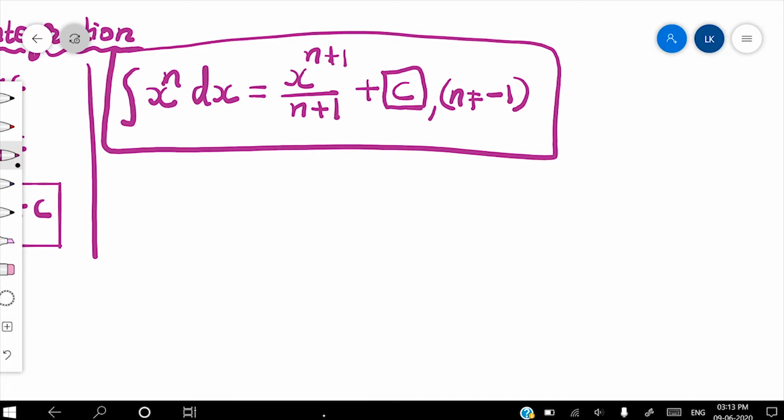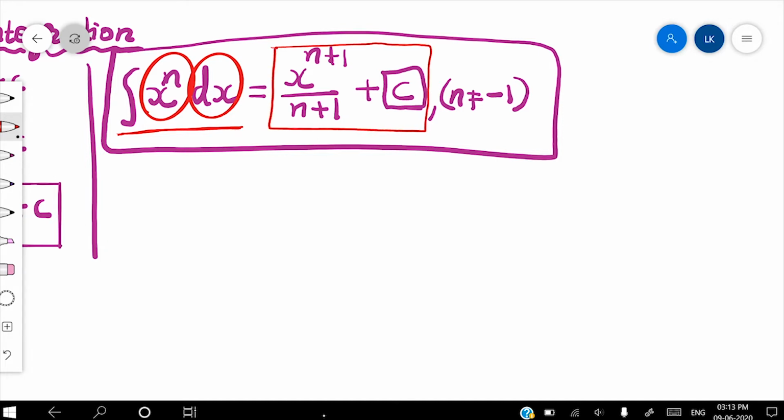Now concentrate on this formula. What is the formula? Integral of x raised to n with respect to x, that means dx is a must. The integral of x raised to n dx, its formula is x raised to n plus 1 upon n plus 1 plus c. I am writing one more time.